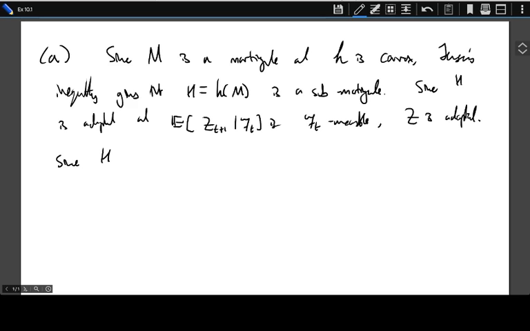Since H is integrable by assumption, so is Z. It remains for us to check the martingale property.